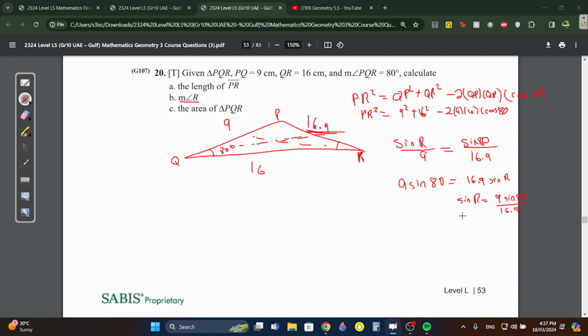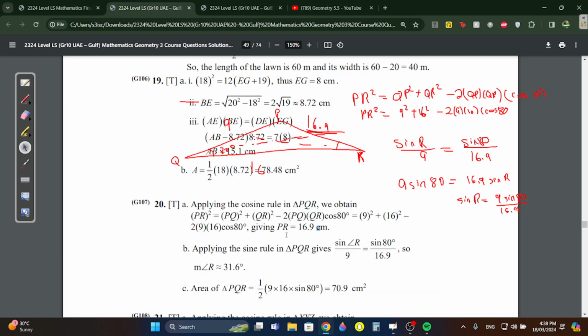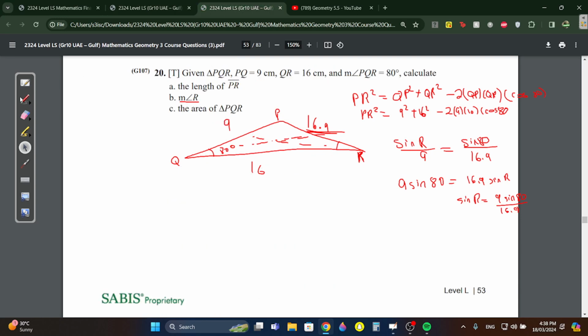Then you do shift sine. Let me do this on my calculator. You get 31.6 degrees.